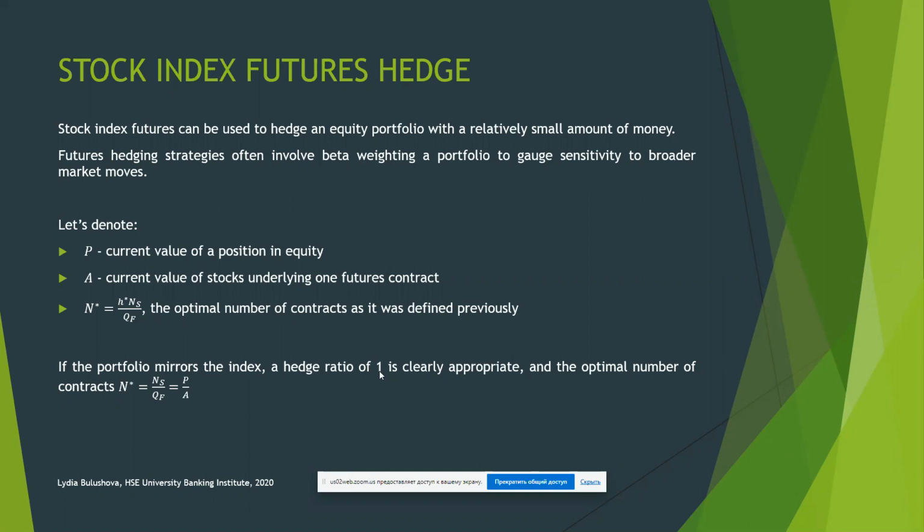So if we denote the current value of our portfolio with letter P, and if we denote the current value of stocks underlying one futures contract with A, we can, from this short formula, derive an optimal number of contracts that can be used to hedge an equity portfolio with index futures if we believe that our equity portfolio can be hedged with index futures.